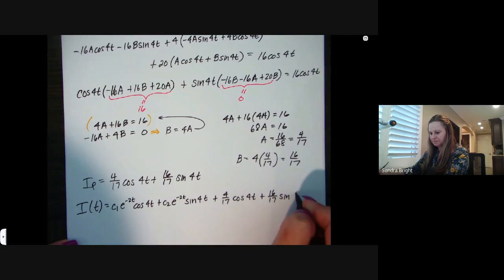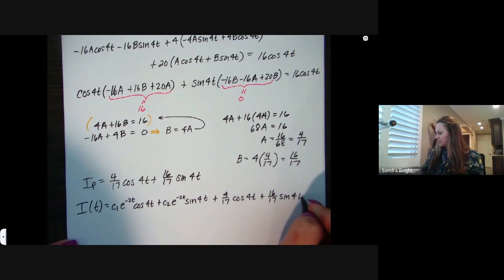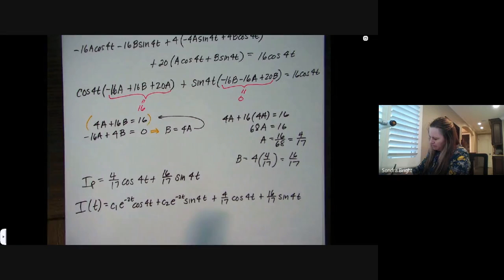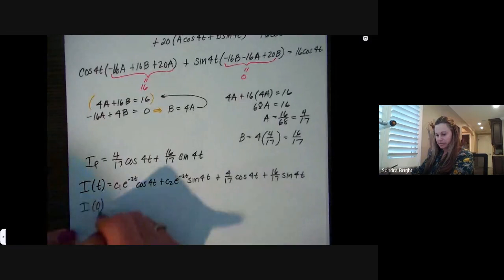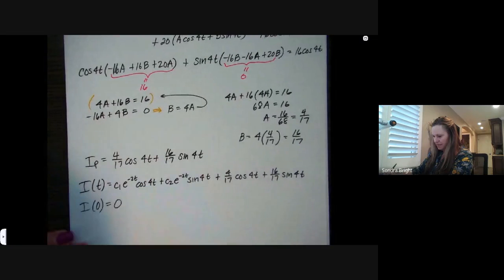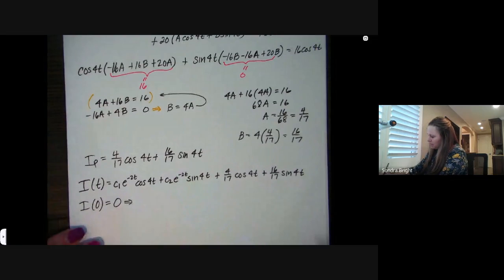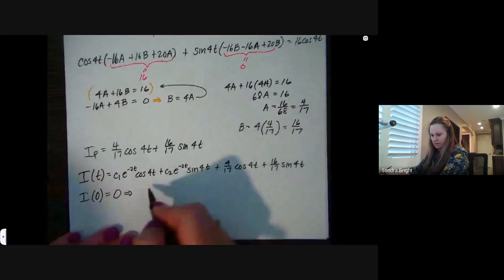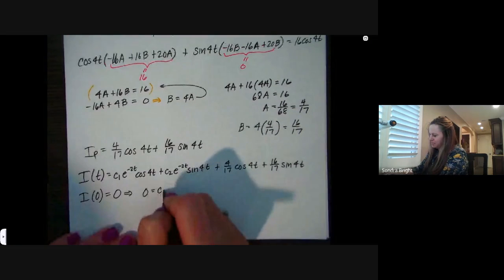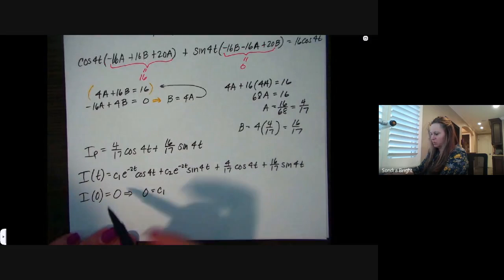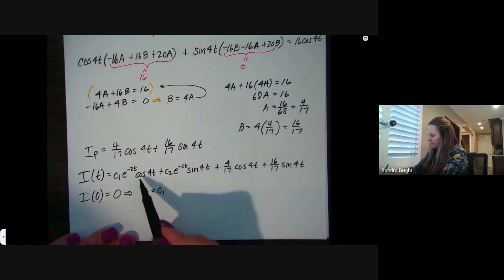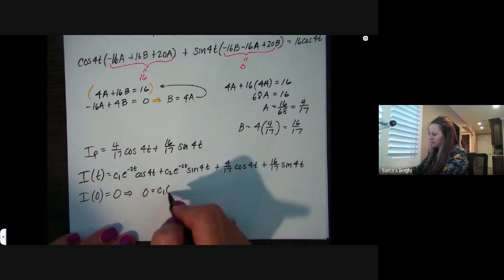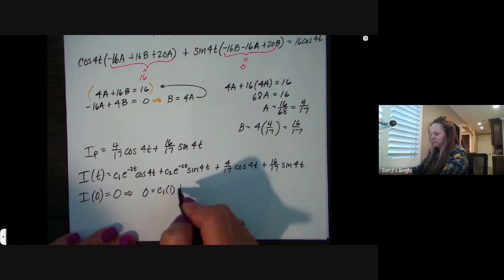Now, they gave us this initial condition that when t is 0, you've got a current of 0, which means I'm going to have 0 equals C1 times e to the 0 is 1, cosine of 0 is 1, plus C2 times e to the 0 is 1.